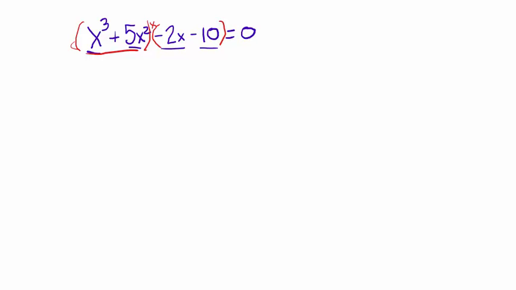Now looking at it, I have x to the third and 5x squared. Because the number in front of the x to the third is a 1, and 1 and 5 don't have any common factors besides 1. But for x to the third and x squared, remember when we're dealing with variables, we take the lowest exponent. So we can take out x squared, because 2 is the lowest exponent.